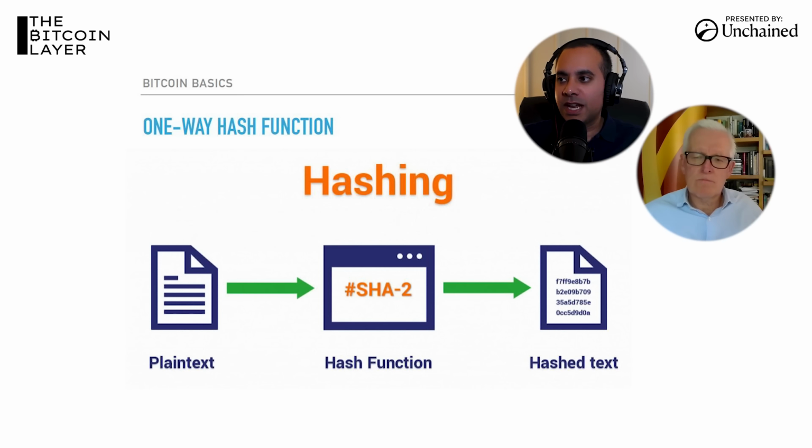In this next graphic, I have hashing as a one-way hash function: plain text through the function and hash text on the other side. The hash function that Bitcoin uses is called SHA-256.